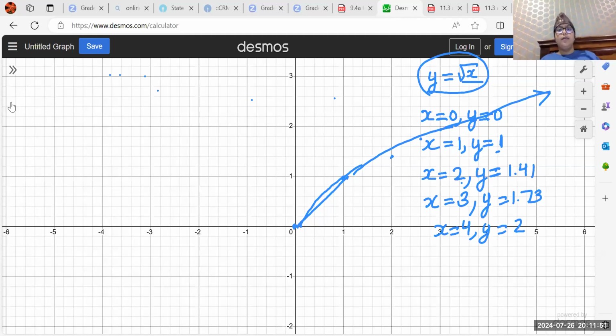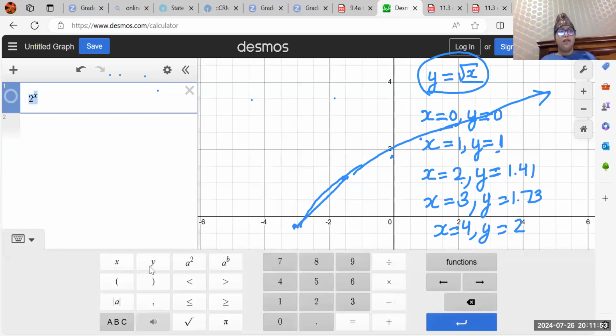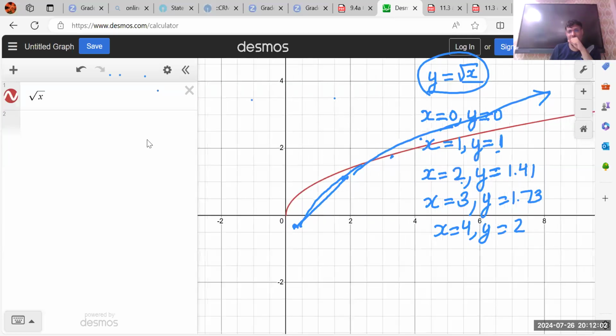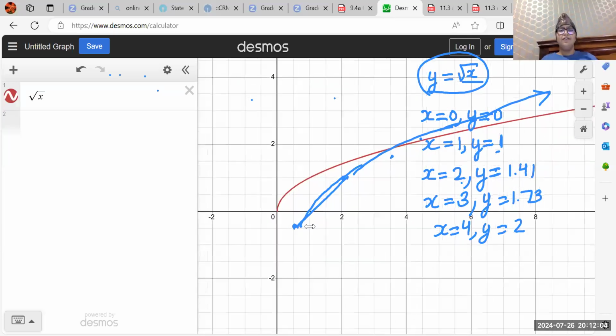Sir, I did x raised to the power minus 2. You want to see Desmos? You don't trust me. You want to see Desmos. See. Okay, sir, so then I must have put the value wrong. So Samir trusts Desmos more than me. That's great.